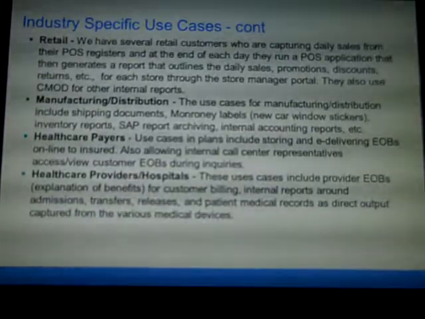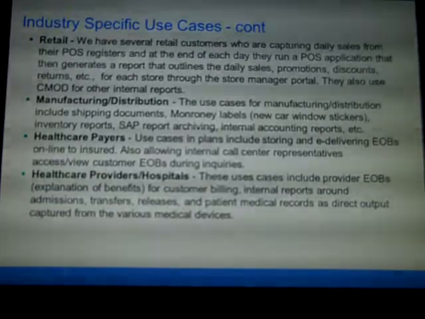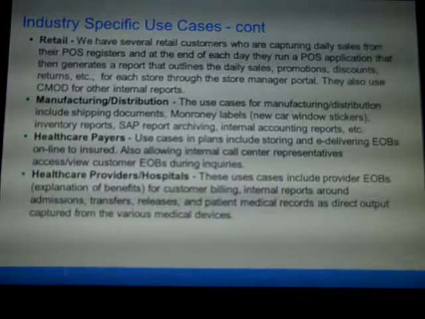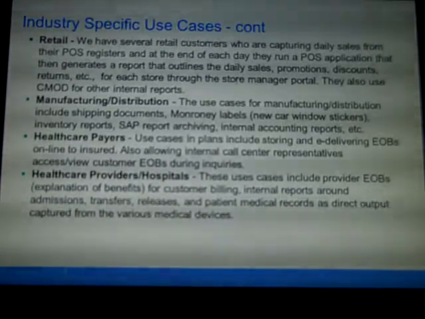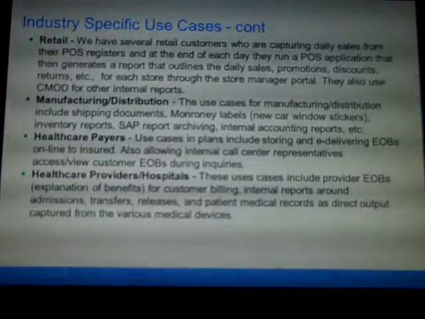In retail, we have several retail customers who are capturing daily sales reports from their point of sale registers and centralizing that daily into CM OnDemand. For manufacturing and distribution, it would be documents such as shipping documents, Monroney labels for the automobile industry, inventory reports, SAP report archiving, etc. Healthcare payers, the explanation of benefits that is sent out to their subscribers and delivering these explanation of benefits online.